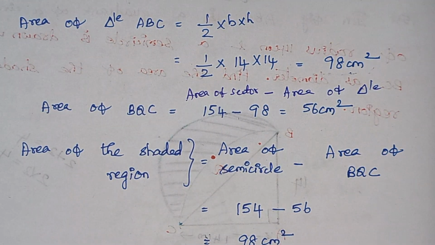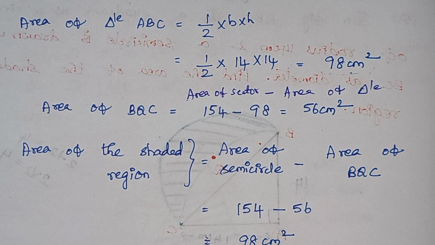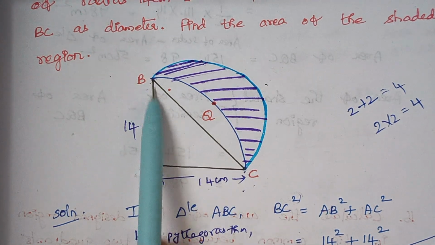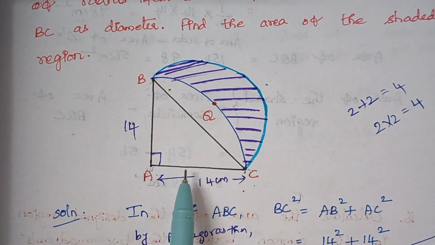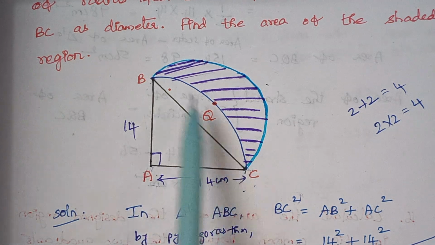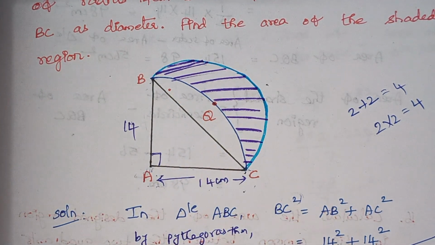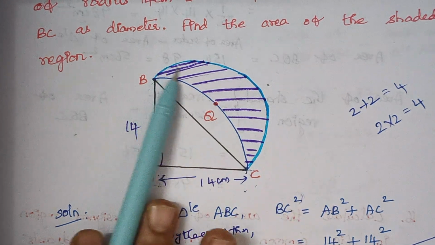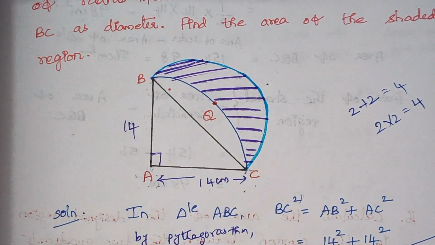Right. So now we have to look at the problem carefully. You see, now we have calculated the area of the triangle, right? And I know the area of the sector, right? So what do I actually need? I need the area of the shaded region, right?